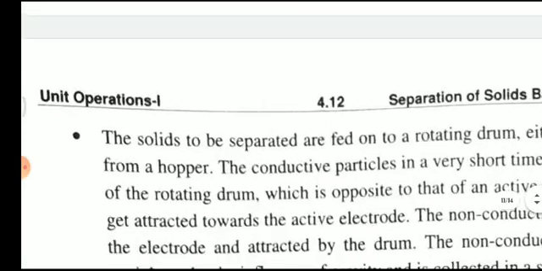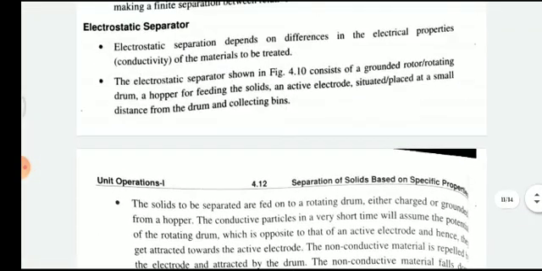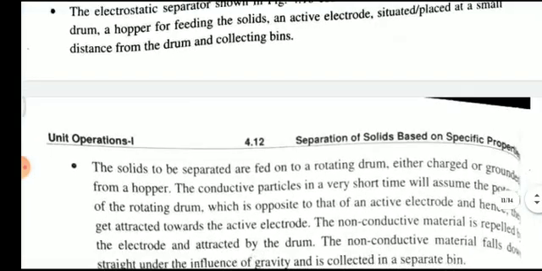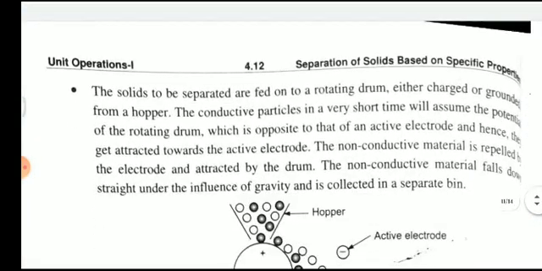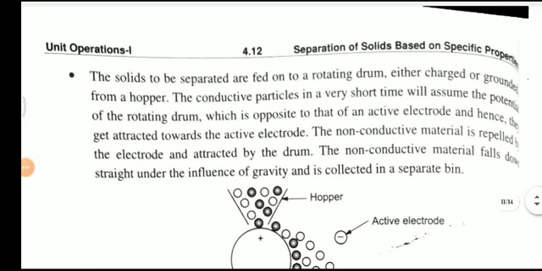The solids to be separated are fed onto the rotating drum, either charged or grounded, from a hopper.